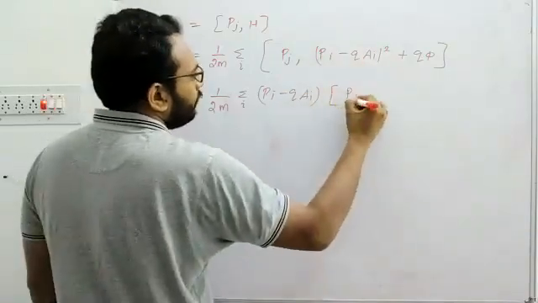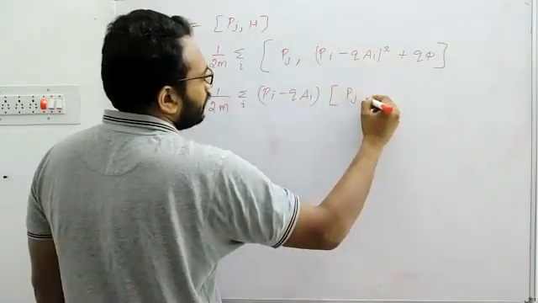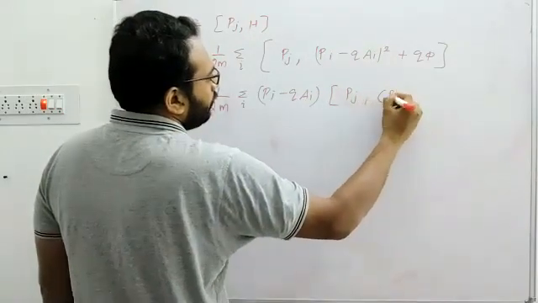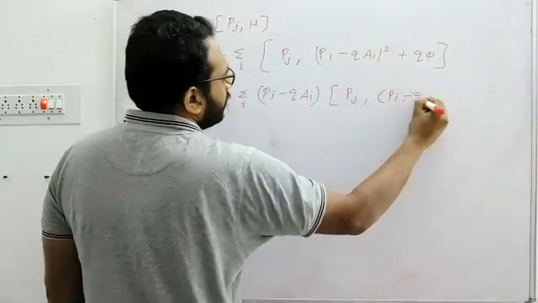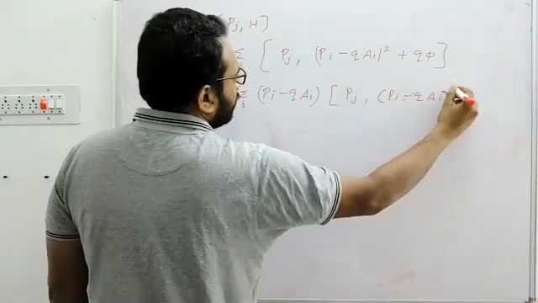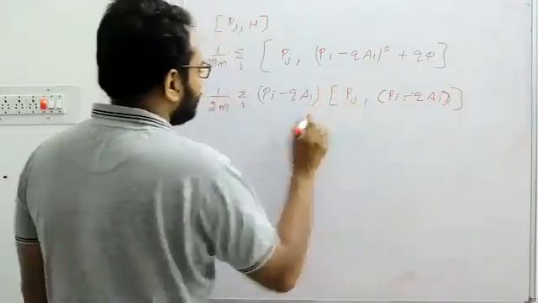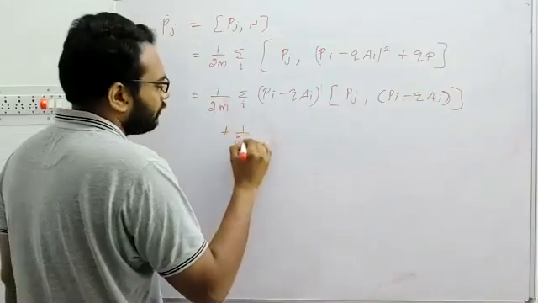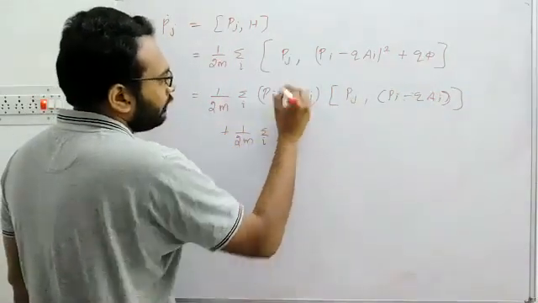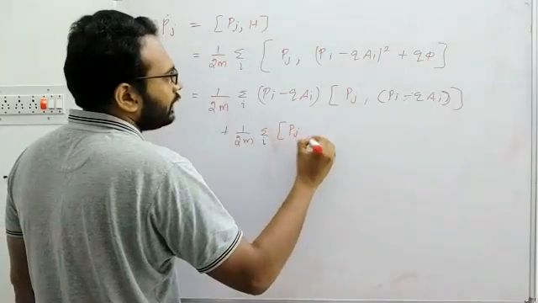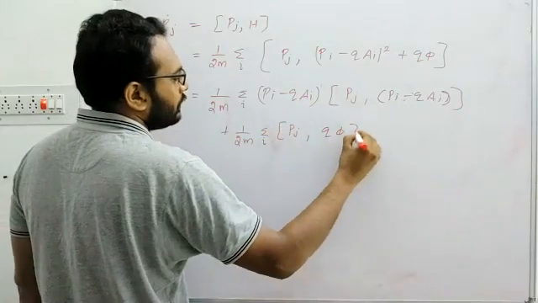We have got Pj with Pi minus qAi. We've got one more term, so let's just write it out separately. 1 by 2m summation over i. We also have Pj with q phi.